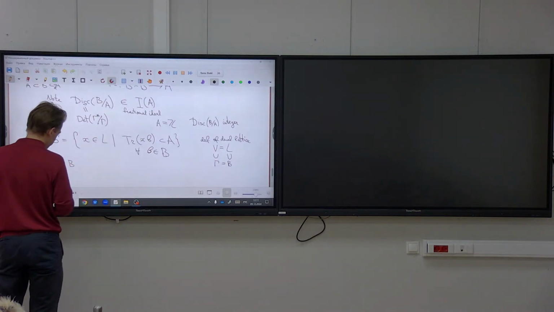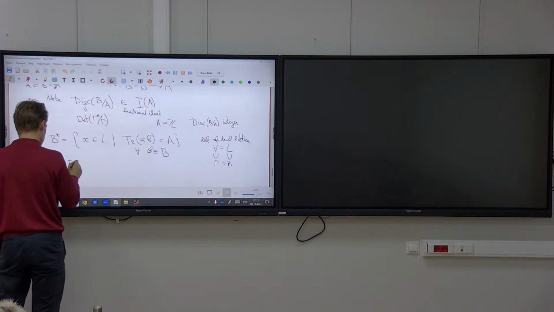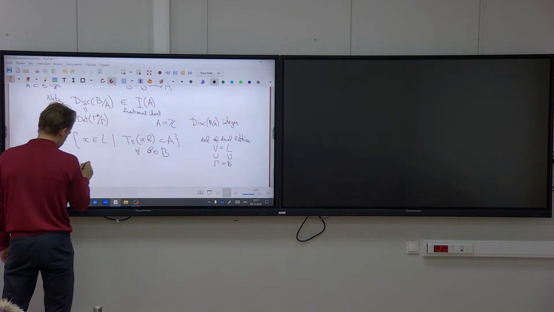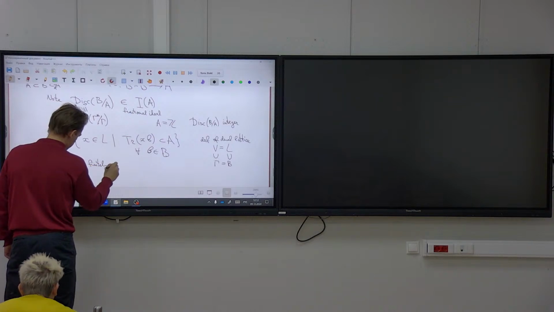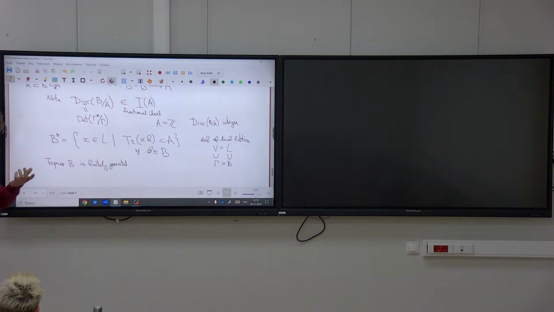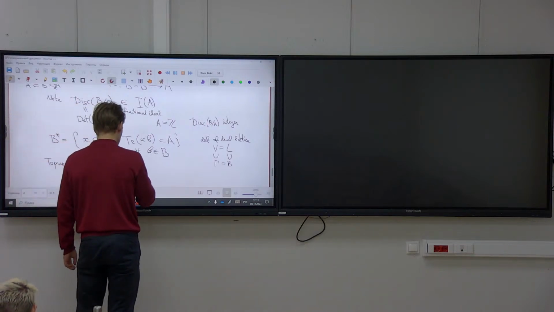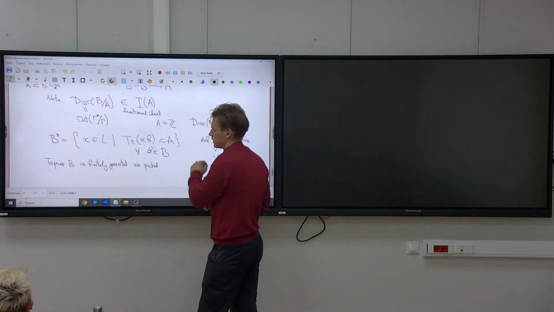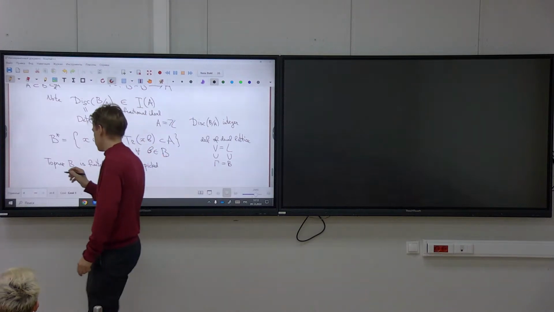To prove that, we picked up the dual lattice, B star, and notice that B star trivially contains B. That was an important observation.